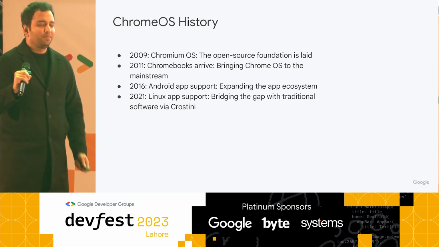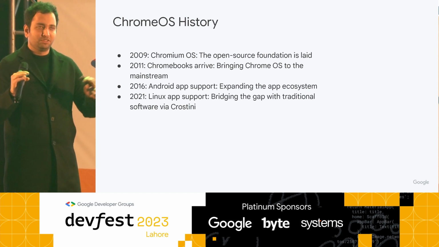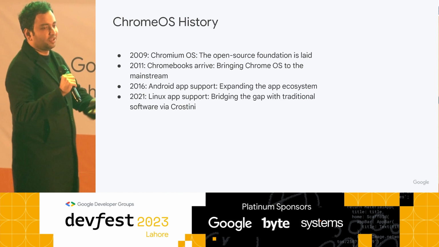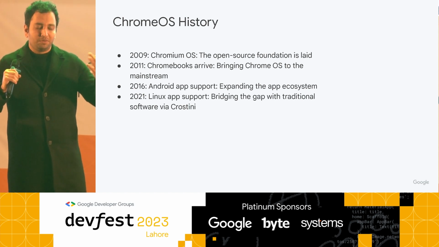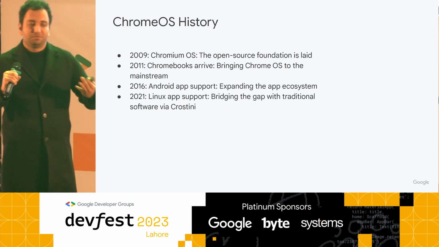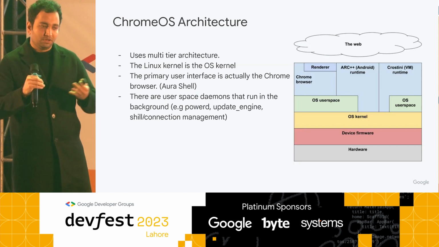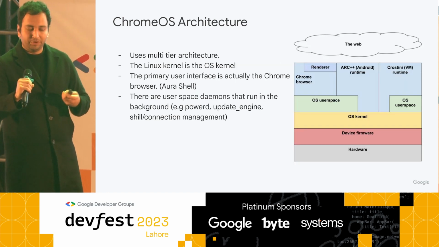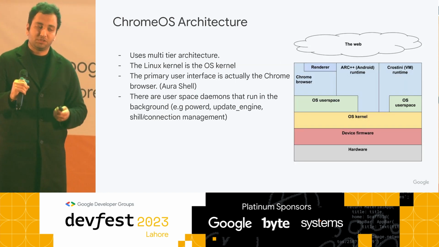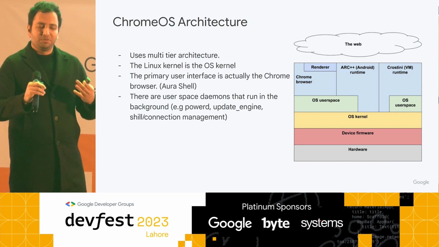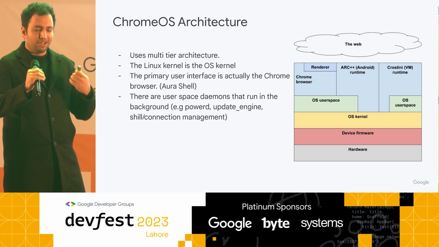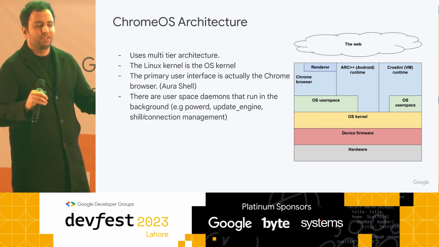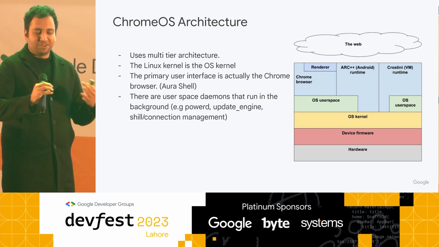So let's talk a bit about the architecture of ChromeOS. This is for the technical people. Most of the stuff I'll speak about will be a bit technical, but it's still an overview because ChromeOS is very big. It has a lot of moving parts. I don't think there are a lot of people who know all of the stuff that is in ChromeOS.